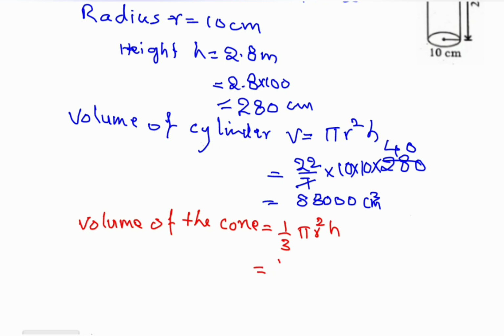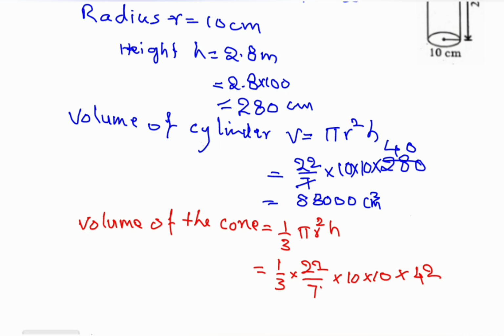This equals 1 by 3 into 22 by 7, and r is common for both cylinder and cone, 10 centimeters. r square is 10 into 10, and height of this cone is 42 centimeters.